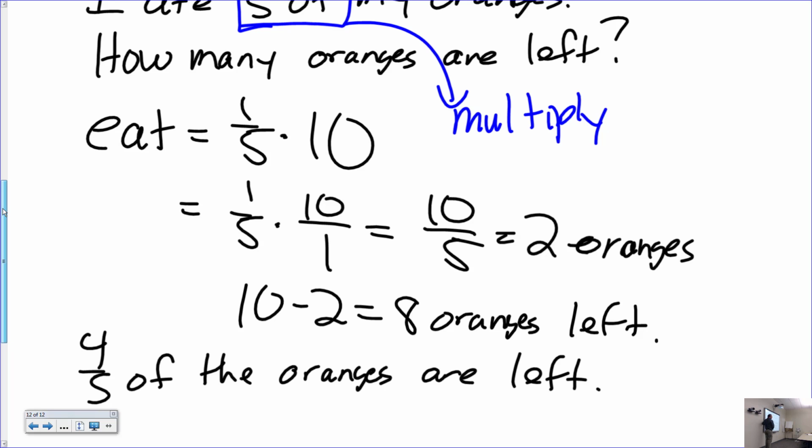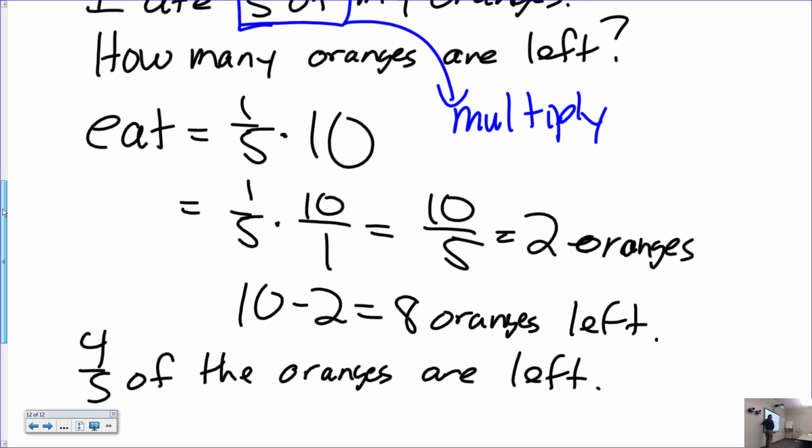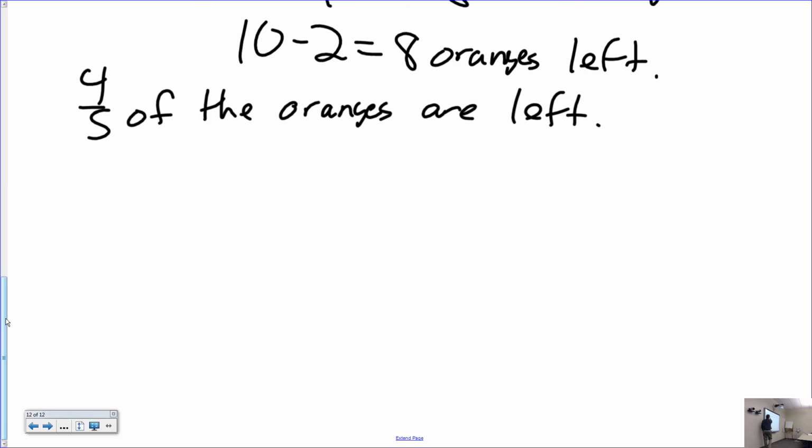So it's kind of like giving the answer but not quite the whole answer. So what is 4/5 of the oranges? And again, you have 4/5 of. What do you do with an of followed by a fraction? Multiply. 10 over 1. How do we multiply fractions? Straight across.